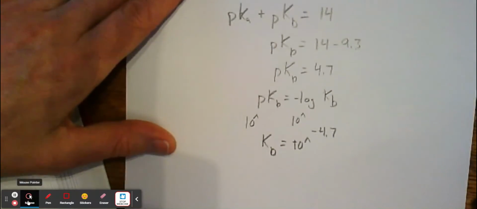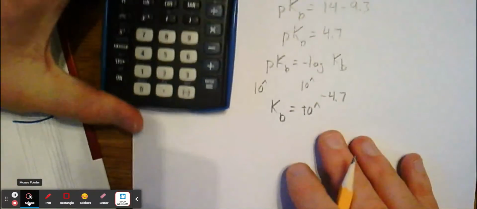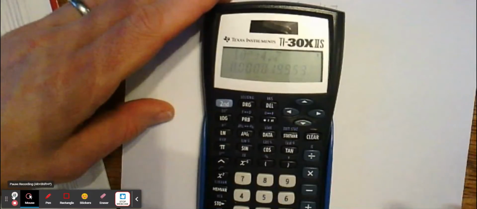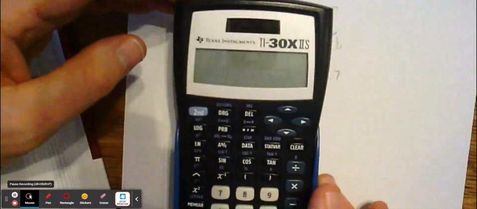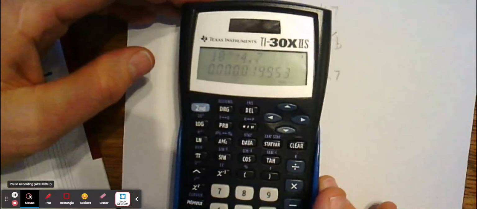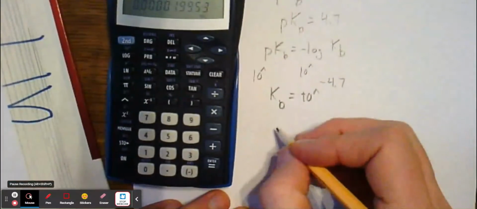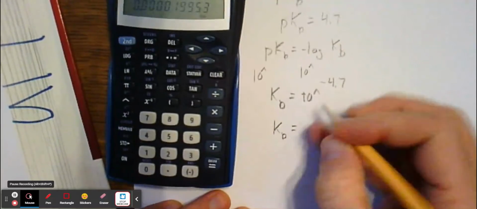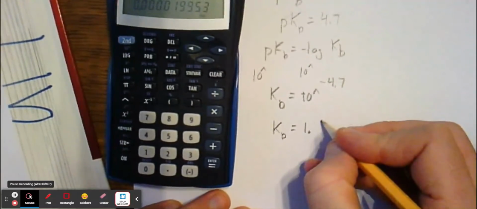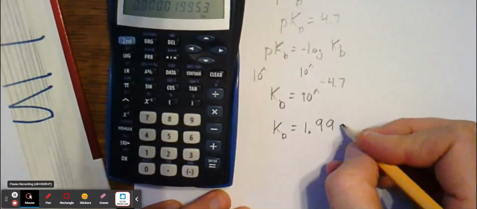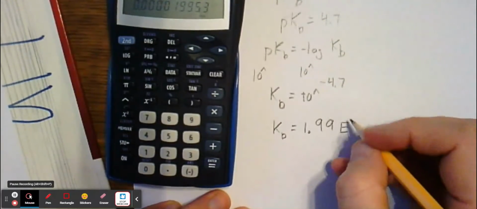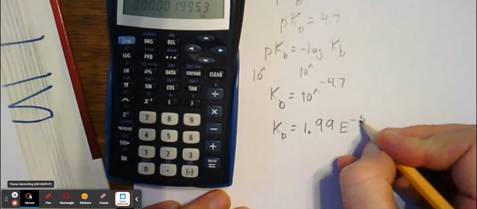That would give me my Kb value. So there it is on the calculator, all right? A little bit hard to see, it's getting kind of dark. So my Kb is equal to 1.99 e to the negative fifth, all right?